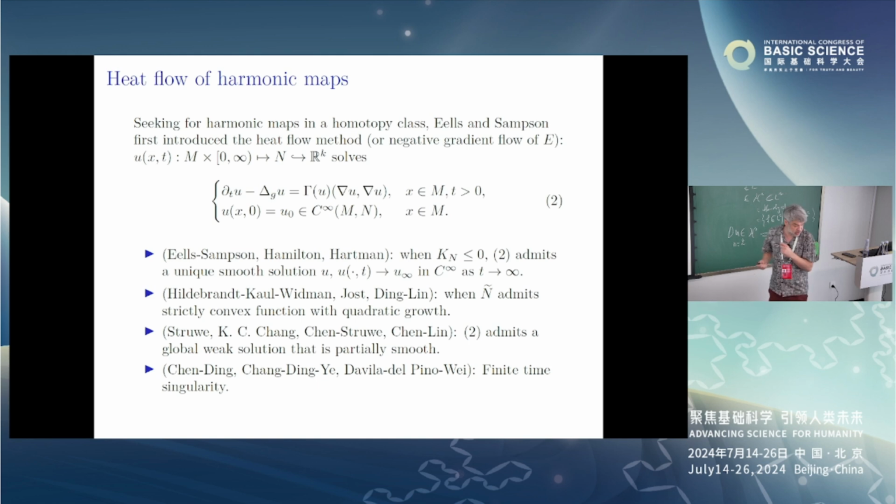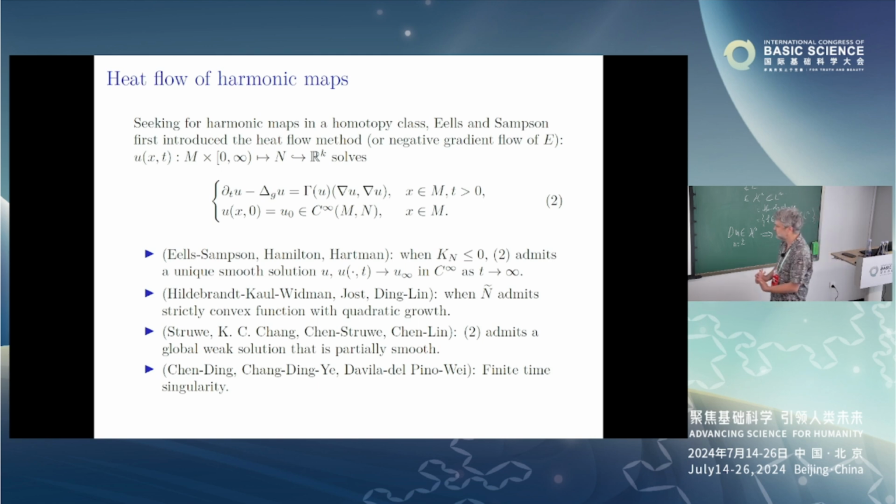So let's go to existence. In the famous paper of Eells and Sampson, they designed a heat flow so that if you start with a map which is, let's say, smooth enough between the two manifolds, then you deform it continuously to a harmonic one.